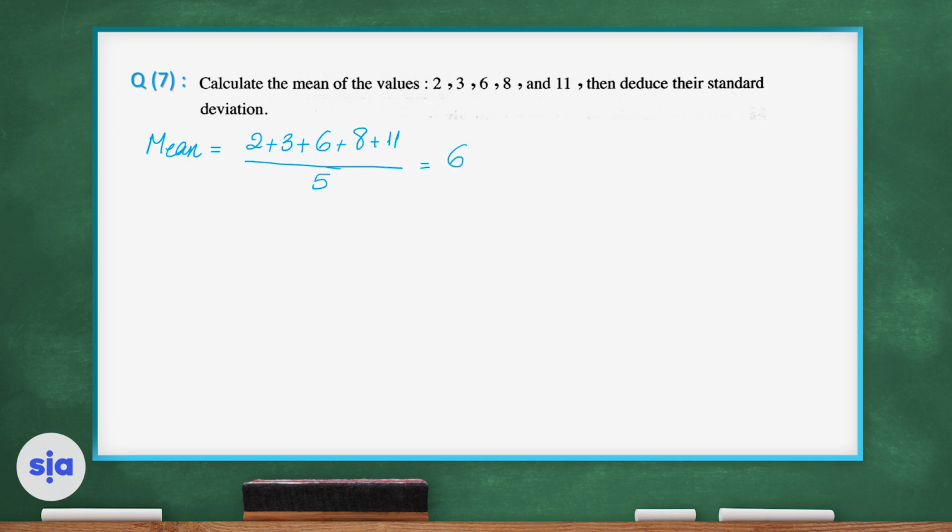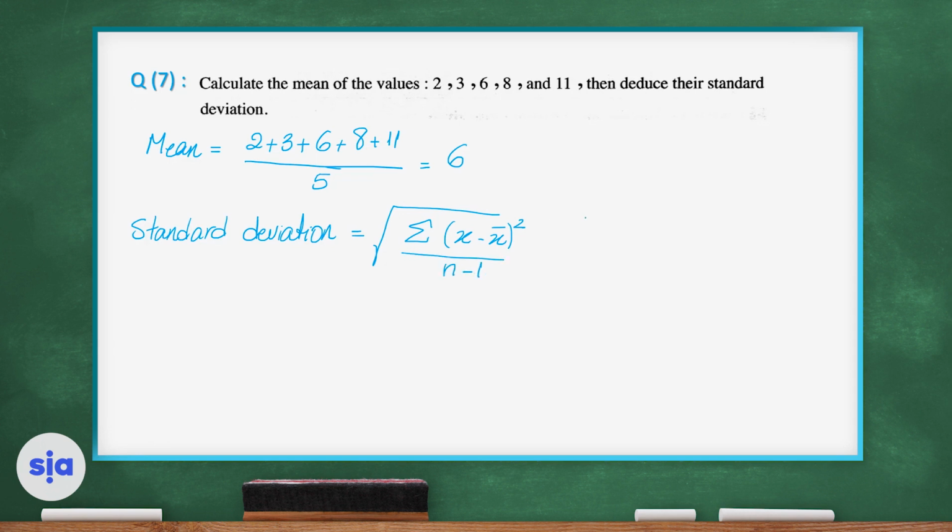Now the question wants me to find the standard deviation. The rule of standard deviation is the square root of the sum of the number minus the mean all squared over n minus 1.